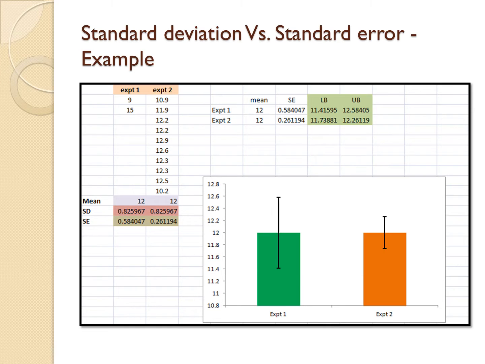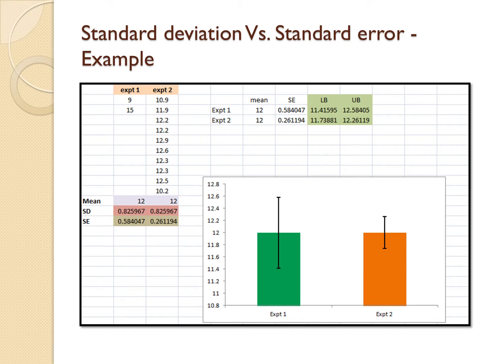However, if we calculate the mean and the standard deviation of the 2 datasets, as shown here, they're identical. Both of them have a mean of 12 and a standard deviation of 0.825967. Hence, the mean and the standard deviation couldn't tell how different the 2 datasets are.